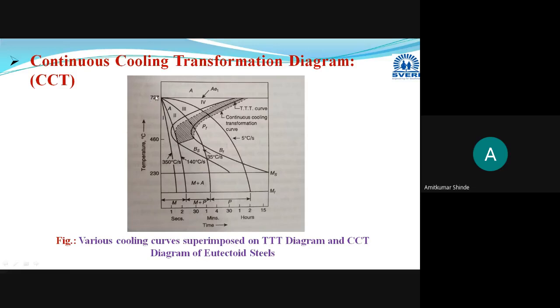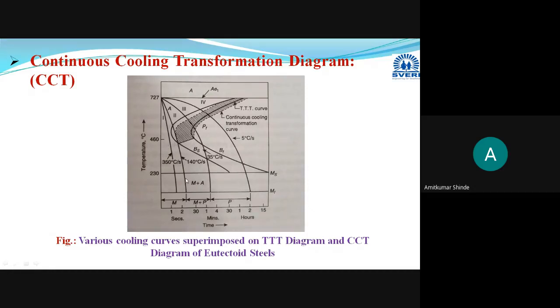Now these curves are nothing but four different cooling rates I have taken here. This is the faster cooling rate. Then this is the critical cooling rate. It just touches the nose, or just bypasses the nose, or in other words, it suppresses the diffusion transformation, or avoids the pearlitic or bainitic transformation.